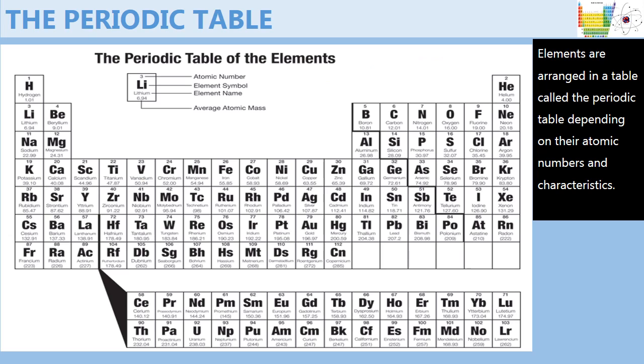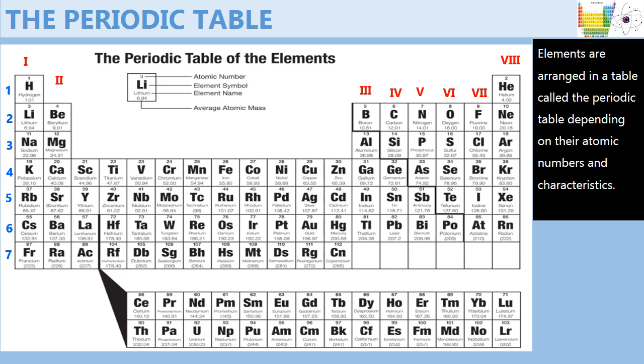The periodic table has periods that are represented by numbers 1, 2, 3, 4, 5, 6, and 7. It also contains what we call groups that are represented by Roman numbers.